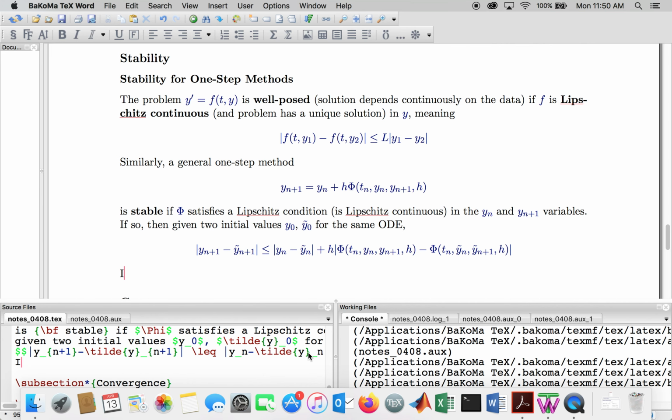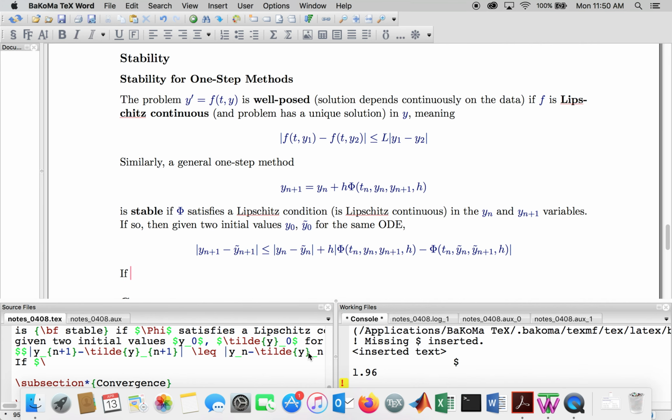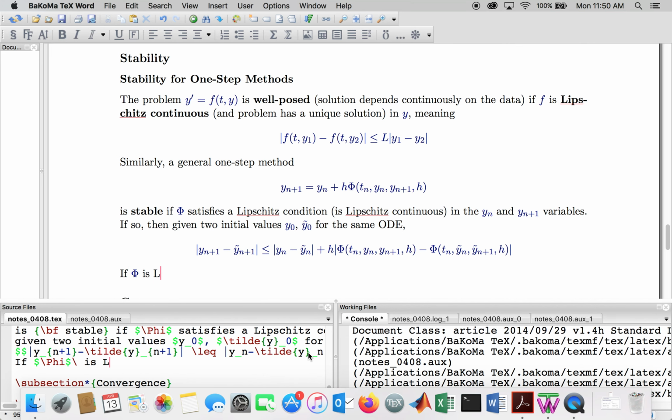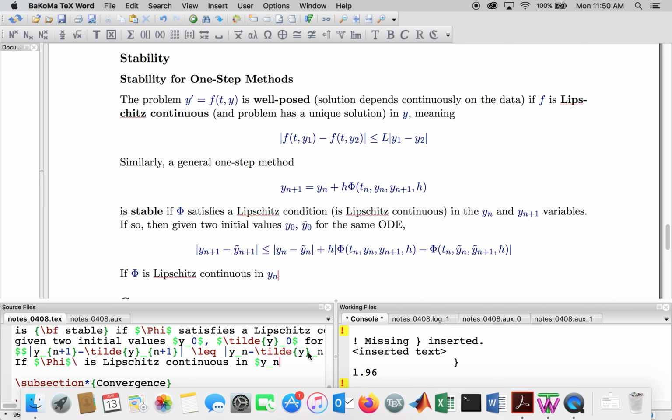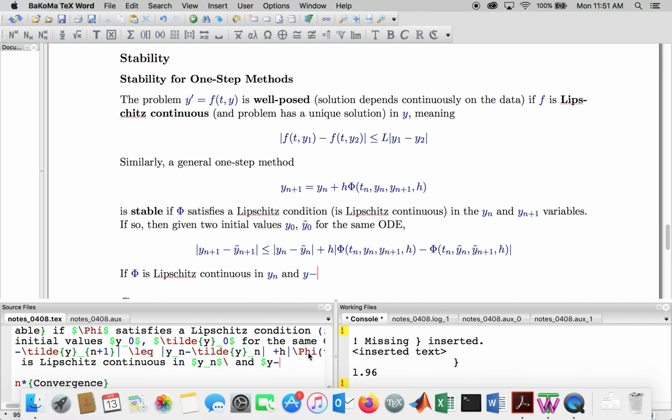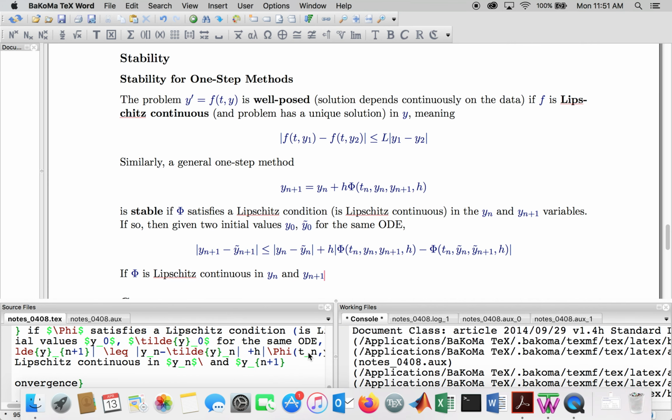Now, if phi is Lipschitz continuous in y n and y n plus 1, I'll write out what that means.